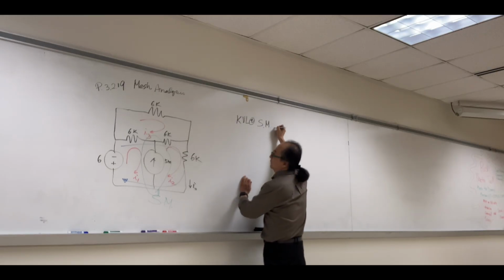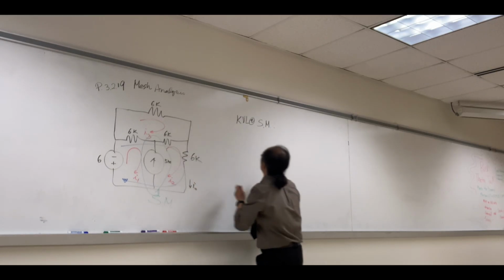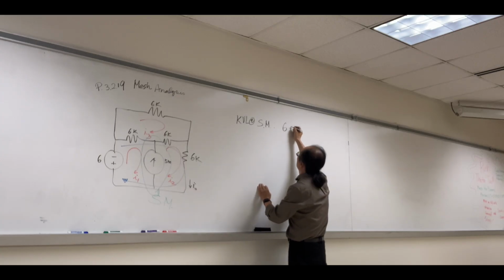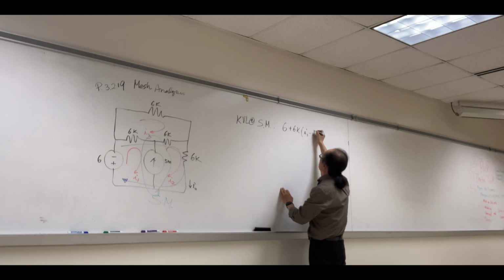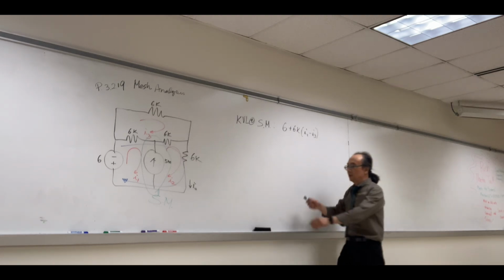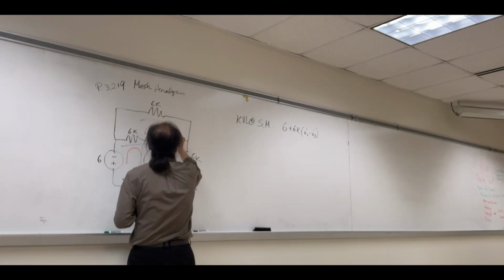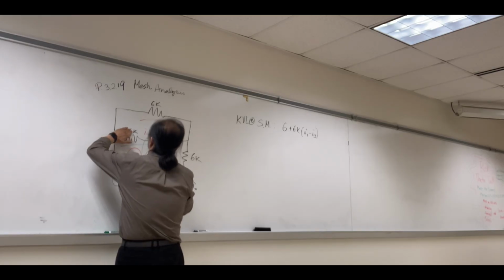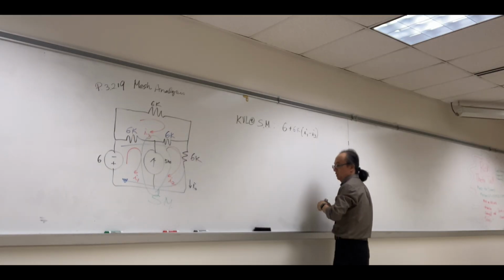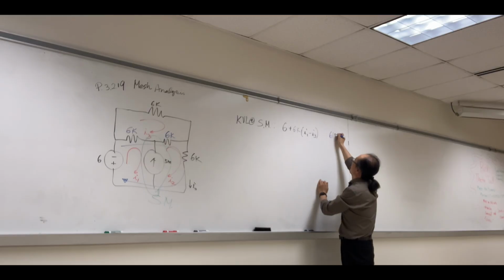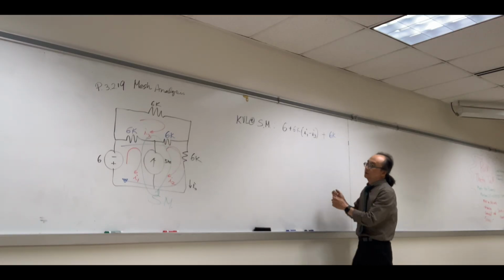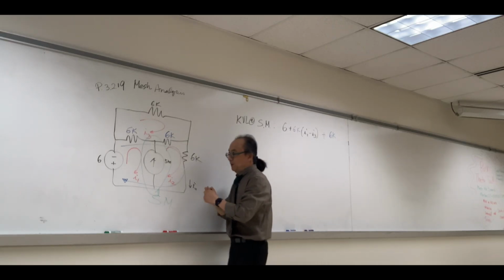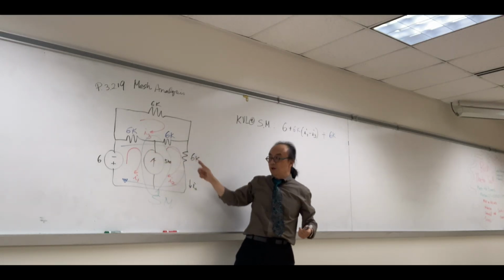So starting from 6 volts, positive 6, plus 6K times I sub 1 minus I sub 3. This 6K is the blue 6K, and this one is the purple 6K. Plus now the blue 6K, this time where the super mesh current is going in this direction, right?